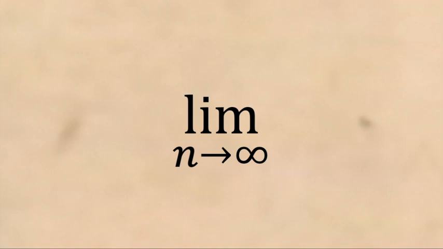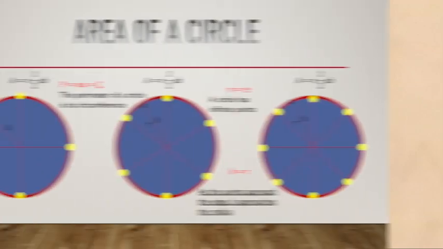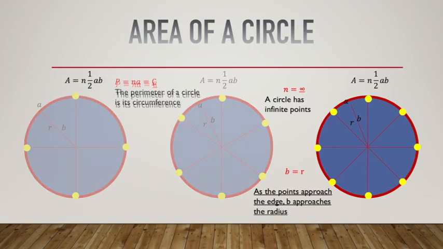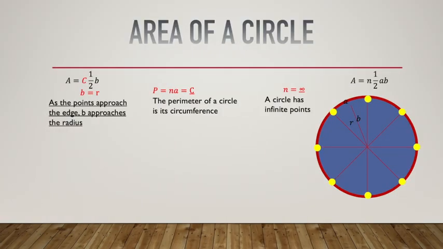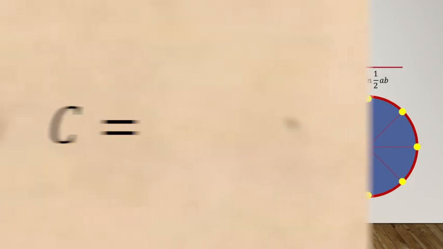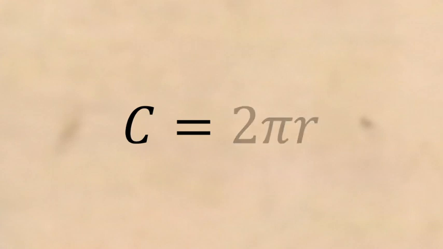This also means the perimeter of the shape inside the circle approaches the circumference as A grows smaller and more precise. The new area would be n times A, or the circumference, multiplied by half B, or half of the radius. As we know, the formula for the circumference of a circle is 2 pi r.